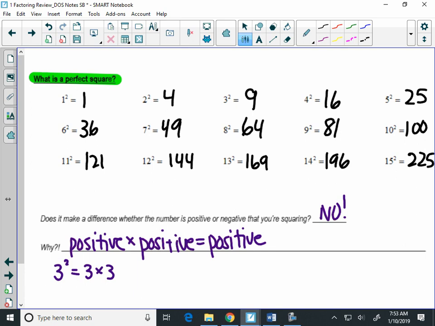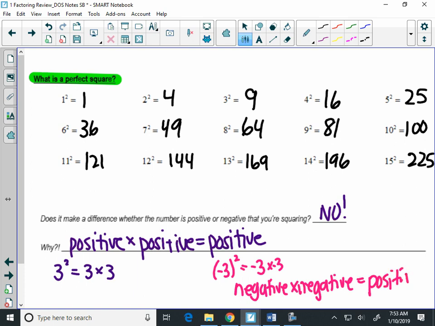Right? But for example, if I'm multiplying negative 3 the quantity squared, that's negative 3 times negative 3. And you should know that a negative times a negative gives you a positive. So no matter what, if I square a positive or negative number, I'm going to get a positive answer.